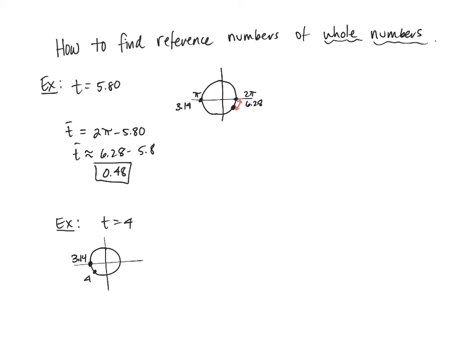So I'm just looking for that little section right in there. And so then here I would take 4 minus pi for my reference number. And so that is about 0.86 when you just plug in 4 minus 3.14.